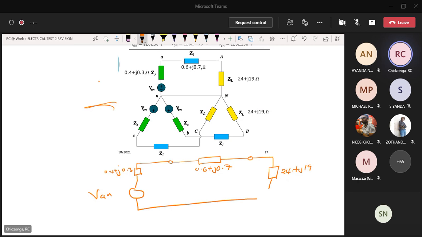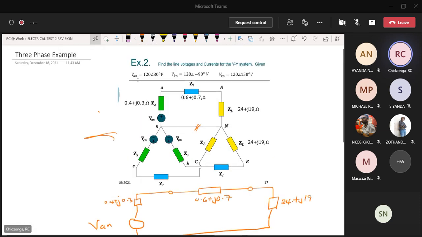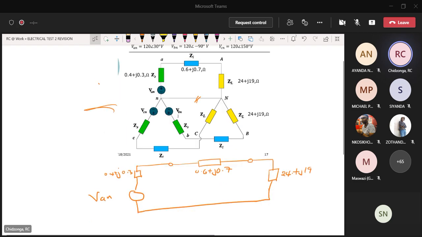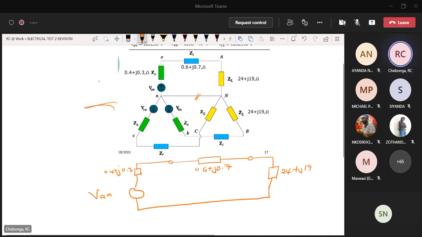You can close the circuit via the neutral, this line, right? So now the voltage on the source side, it's given, VAN is 120 angle 30. So right here, this voltage here is given, it's 120 angle 30, right? So VAN is given.